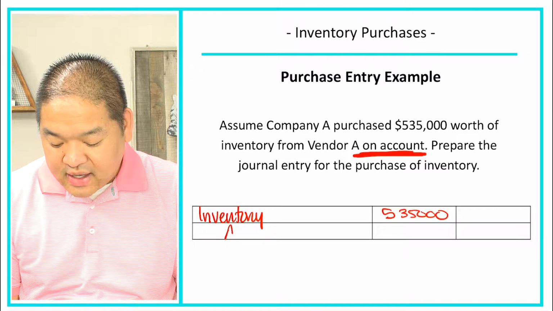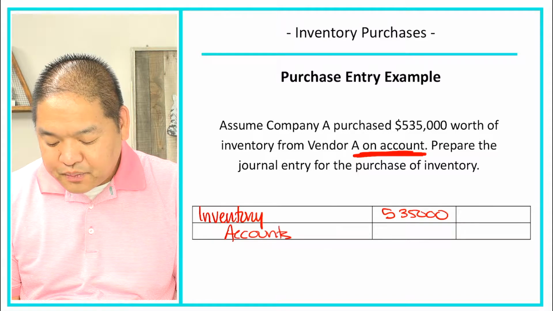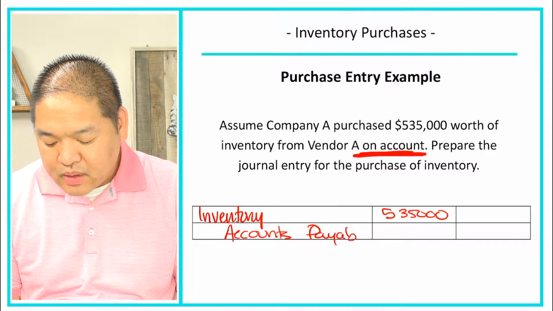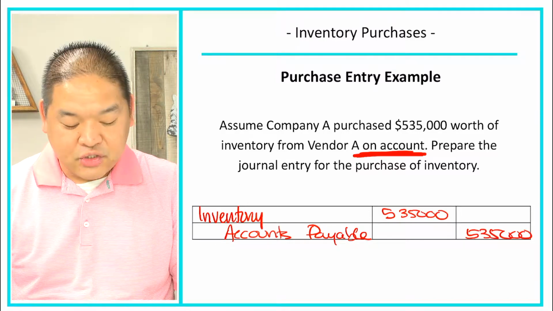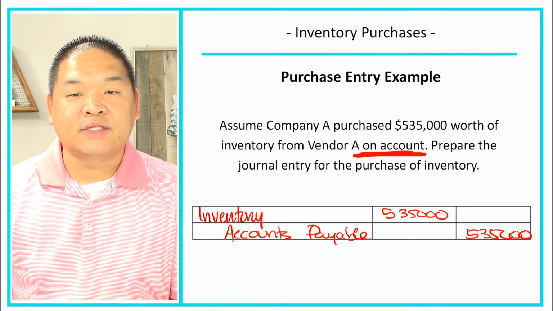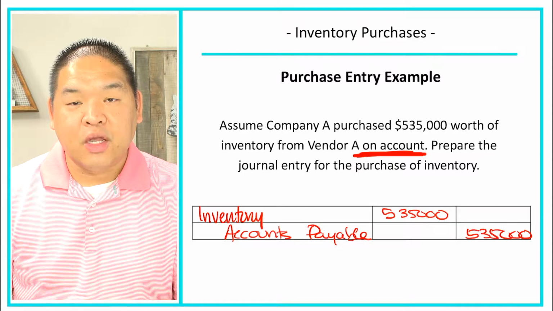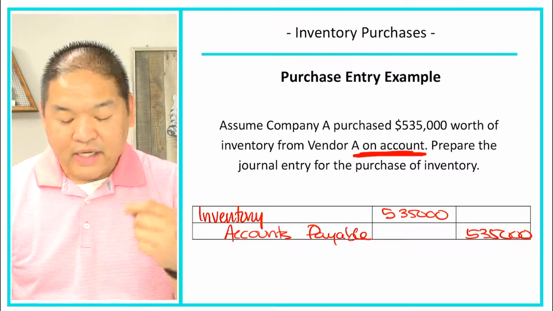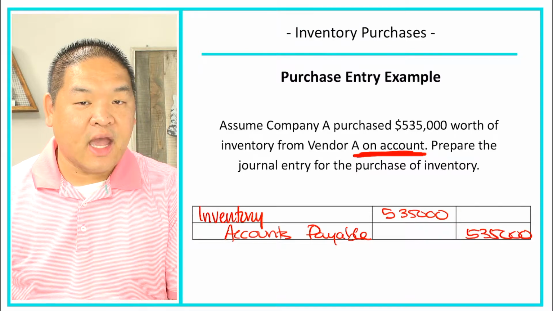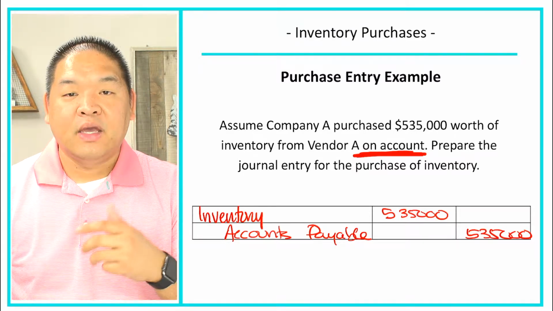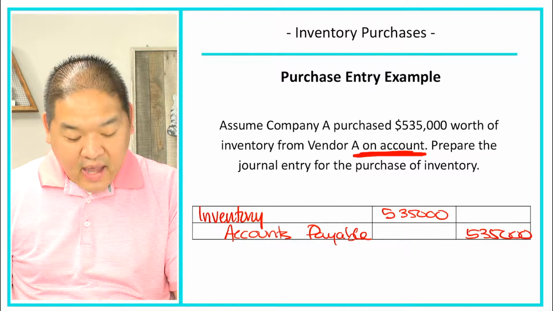So we're going to credit accounts payable for $535,000. Whenever we make a purchase, this would be our entry or close to it. We debit inventory and then credit how we paid for it. In this case, it was on account, so we credit accounts payable. If it was in cash, we would credit cash.